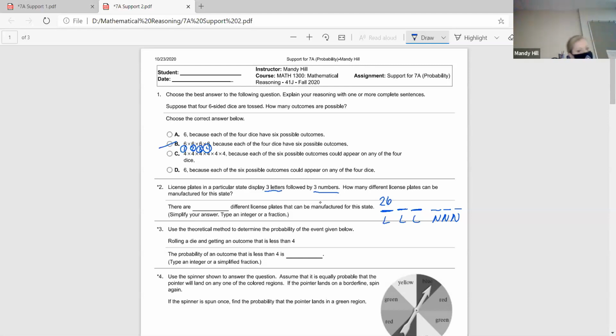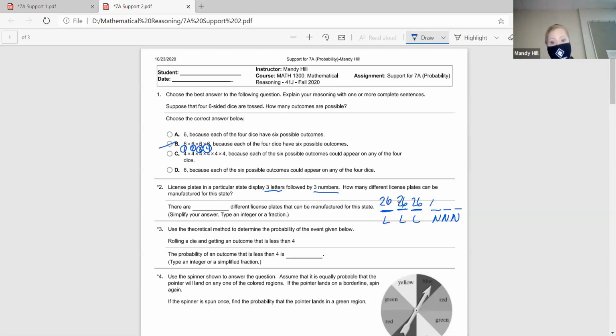Now, in this spot, if it had said, well, you can't choose the same letter twice, right? Then we would have had to make this spot be 25, but there's nothing that tells us this. In other words, this could be an A, this could be an A, this could be an A. So we still have 26 choices for this. We still have 26 choices for that spot. Now, when we talk about numbers, right, you've got your 1, 2, 3, 4, 5, 6, 7, 8, 9, but you also have 0.